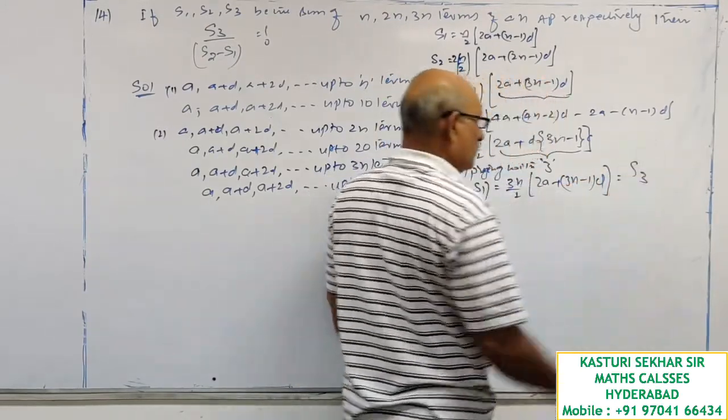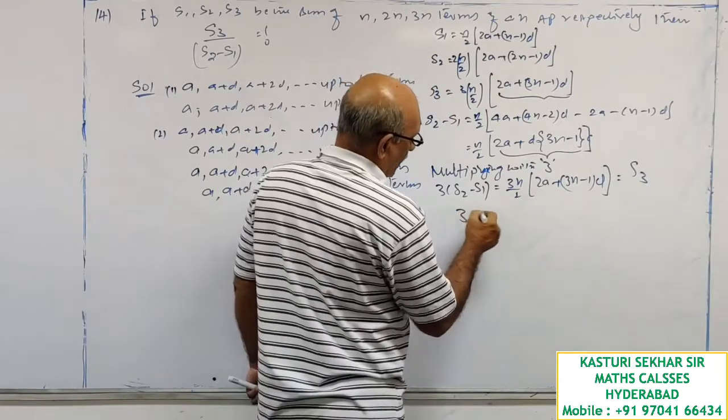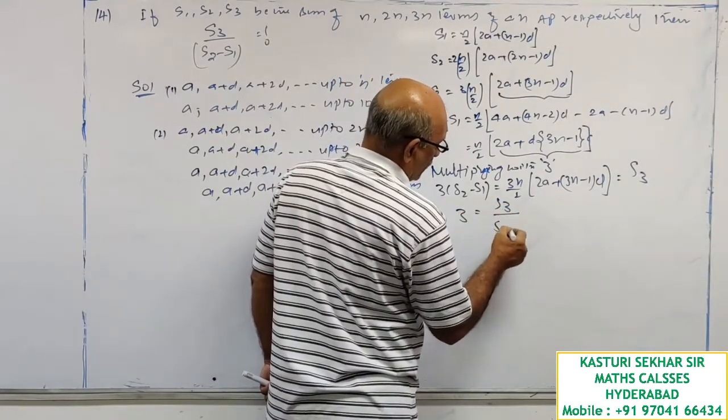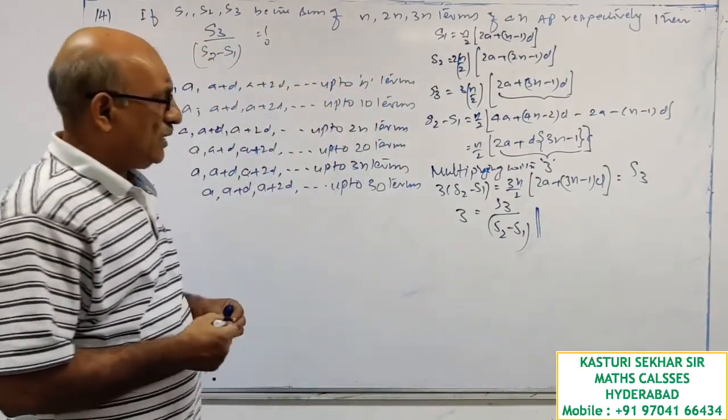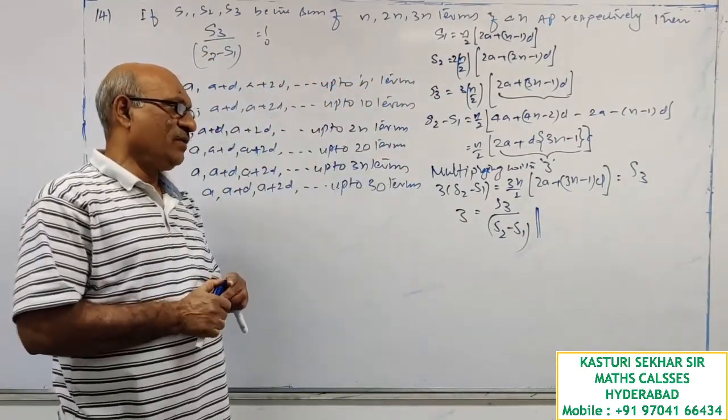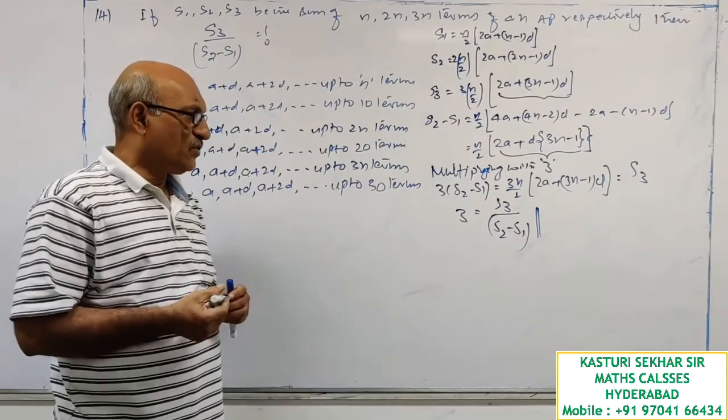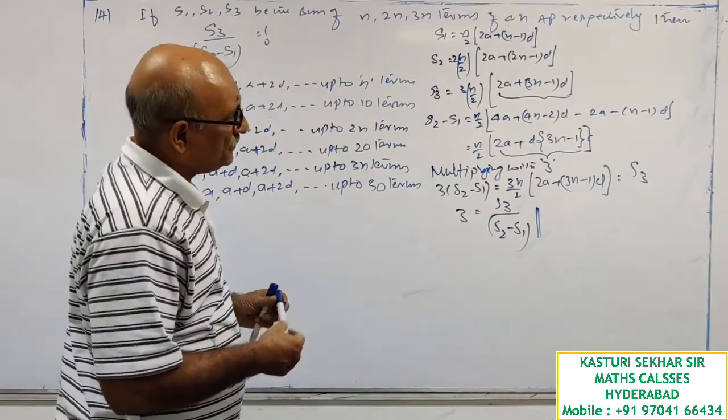This is S3. So 3 is equal to S3 divided by S2 minus S1. This is the answer to the given question.